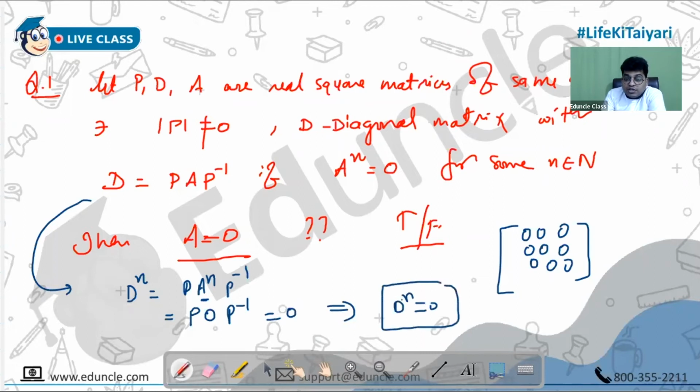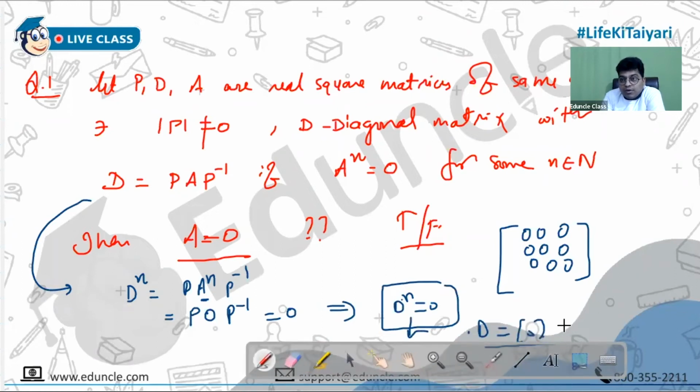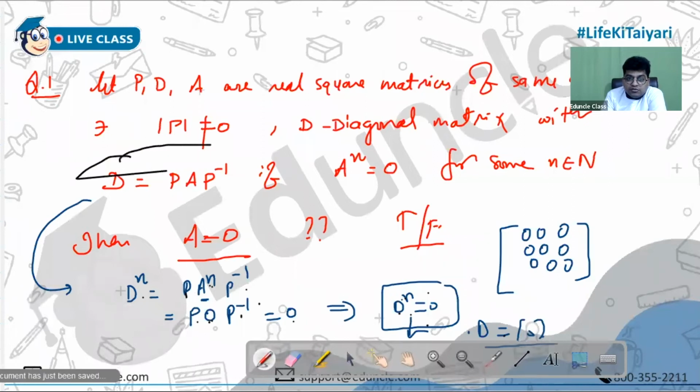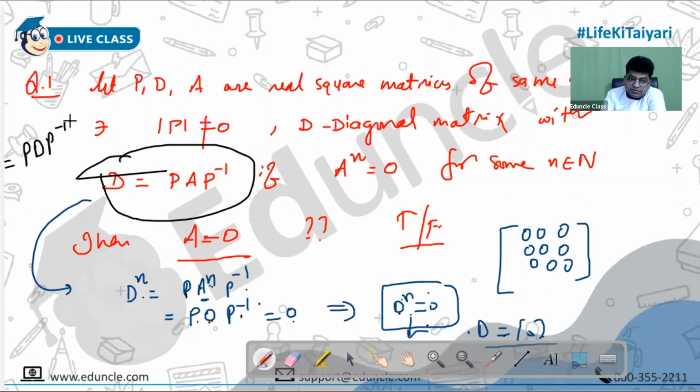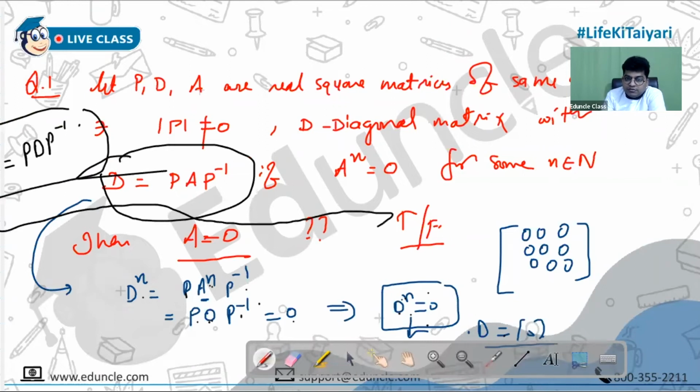A diagonal matrix whose power n is zero means this diagonal matrix itself is zero. Yes or no? Am I clear or not? D to the power n is equal to P inverse A to the power n P. A to the power n is 0, so D to the power n is 0, it means D is 0. If D is 0, then A is also 0 because A is equal to P D P inverse. It means A is 0.